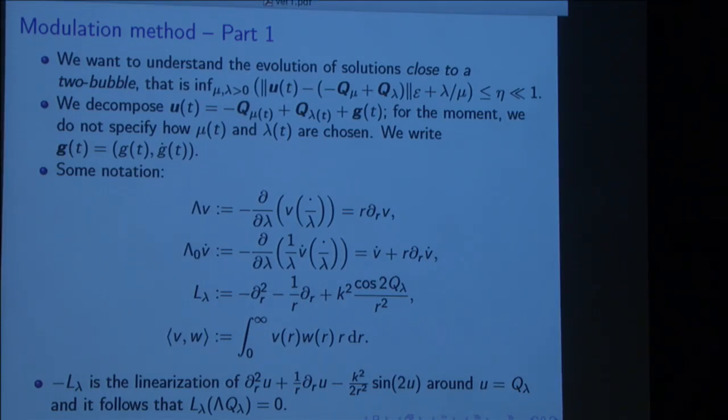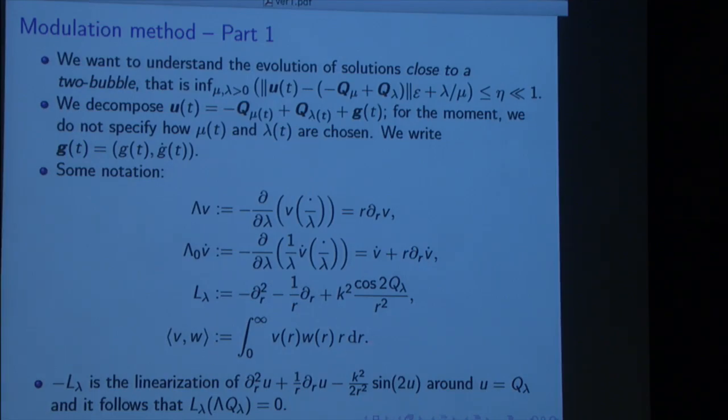Okay, so to show you how it works, I need some notation. There's the capital lambda, the generator of the change of scale. So lambda 0 is the generator for the L2 scaling. And then this is, of course, the linearized operator L lambda, the linearization of the nonlinearity around u equal q lambda.